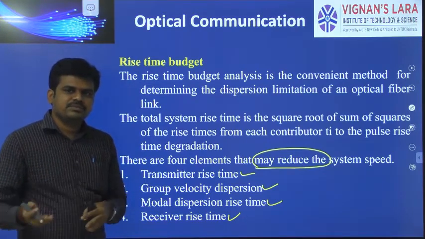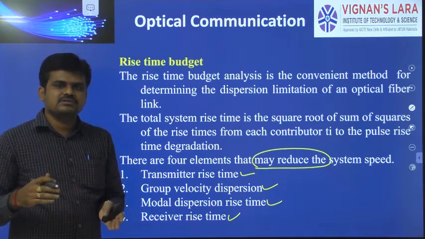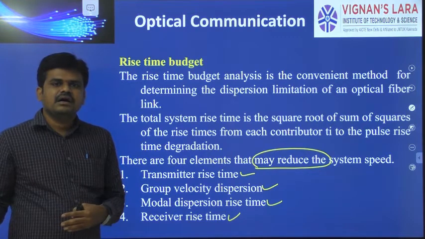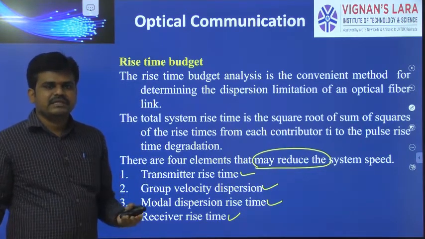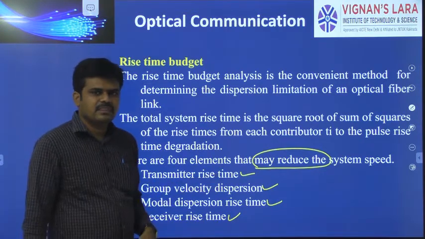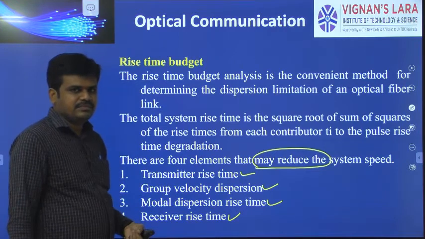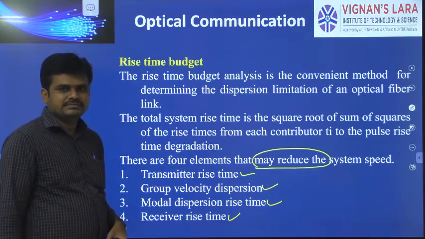You are applying the input voltage, but the optical source is not generating the optical power immediately. It is taking much time. It is called transmitter rise time, which may reduce the speed of the system link.